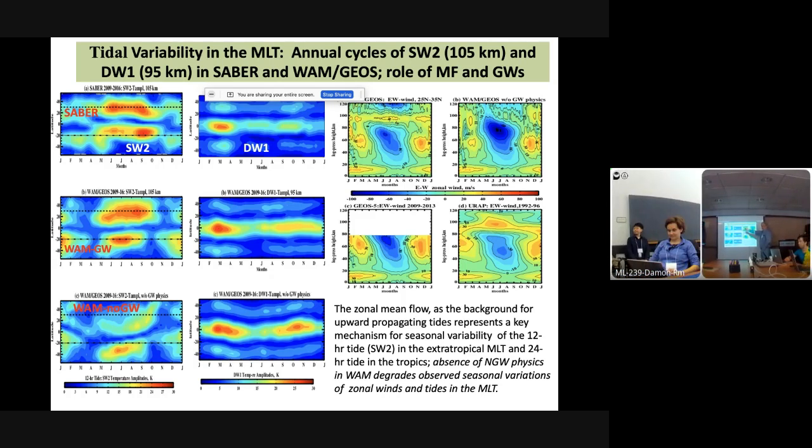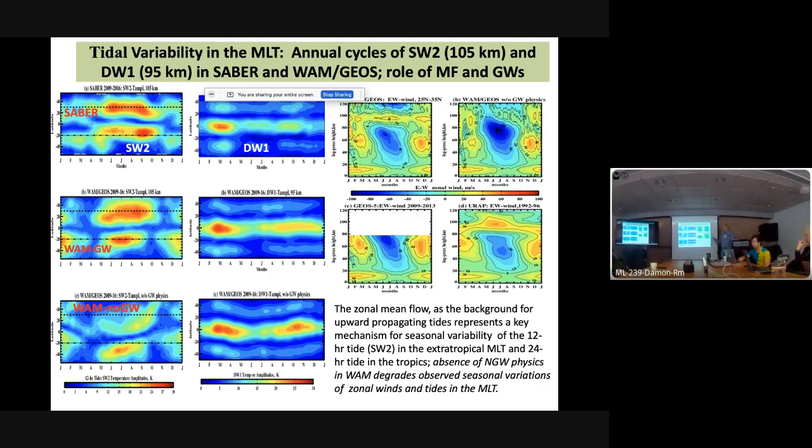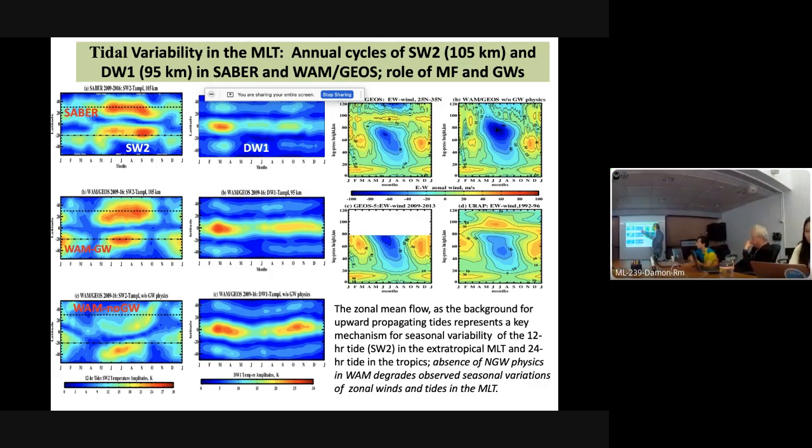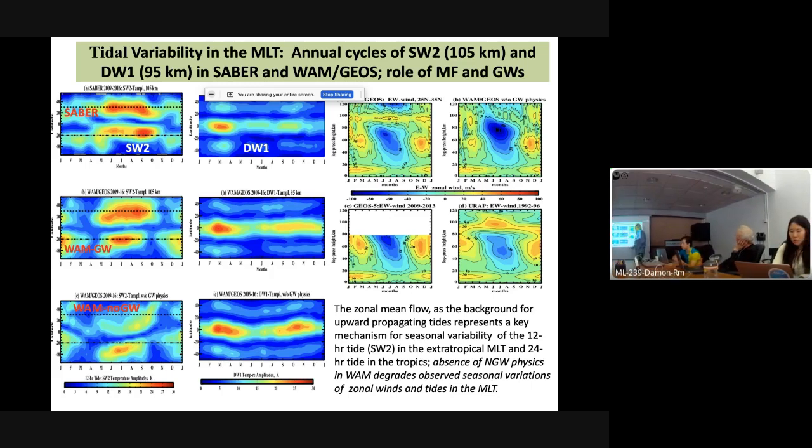Now this is again the semi-diurnal tide migrating mode, and this is DW1. Here I made a sensitivity test on interpolation and on turning off non-orographic gravity waves, to give you some idea of what your tides' seasonality looks like without non-orographic gravity waves. This is SABER again, two migrating modes.